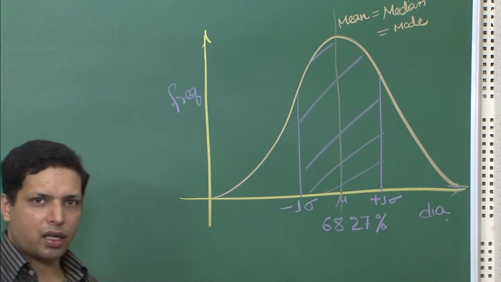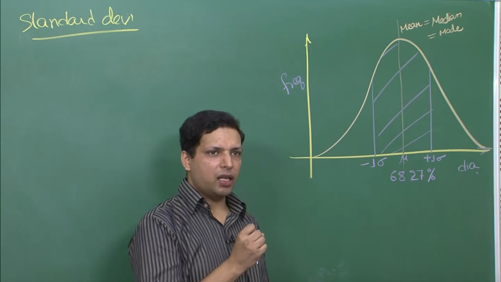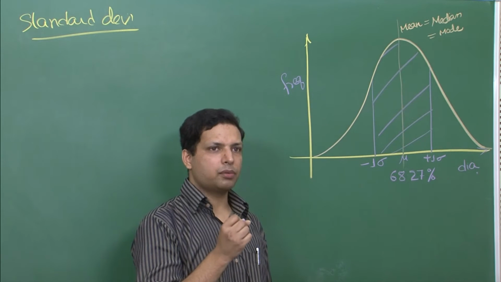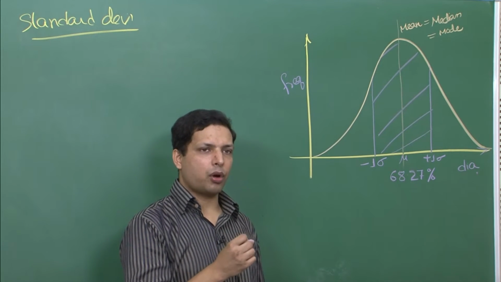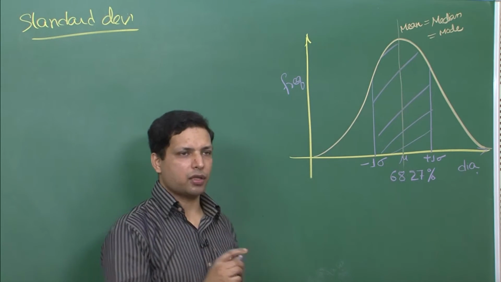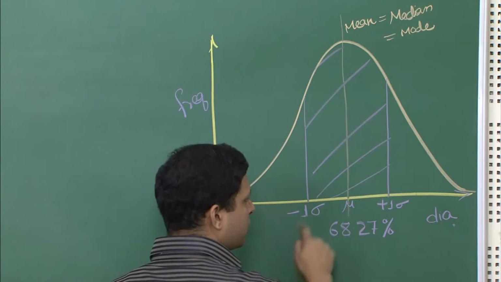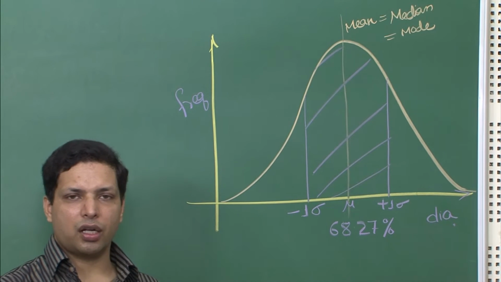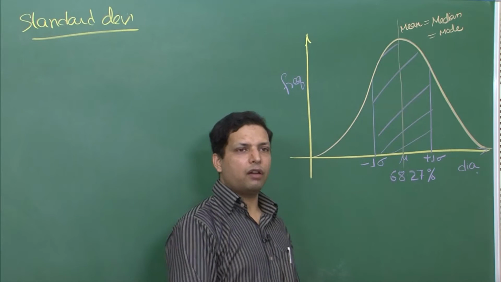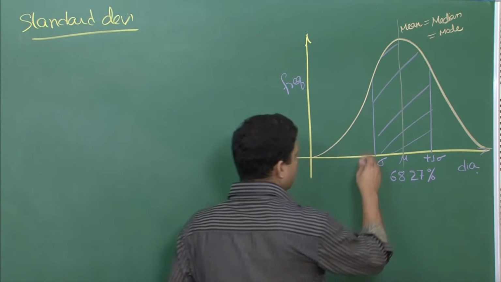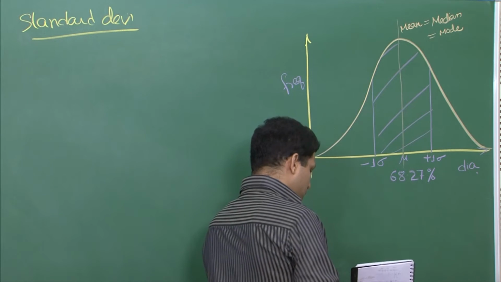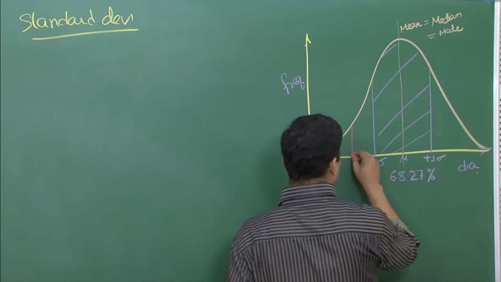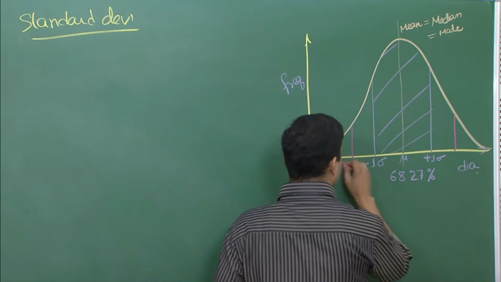So, now you see we can get a quantitative feel of how much powder, or what is the number of powder particles, that lie within a particular size range once we have this value, standard deviation. So, standard deviation does define the width of distribution. Similarly, you can get minus 2 sigma to plus 2 sigma.